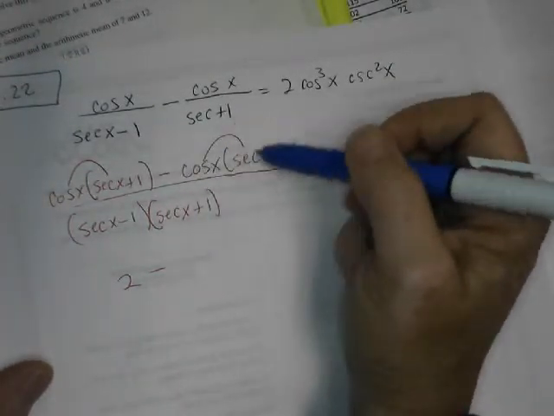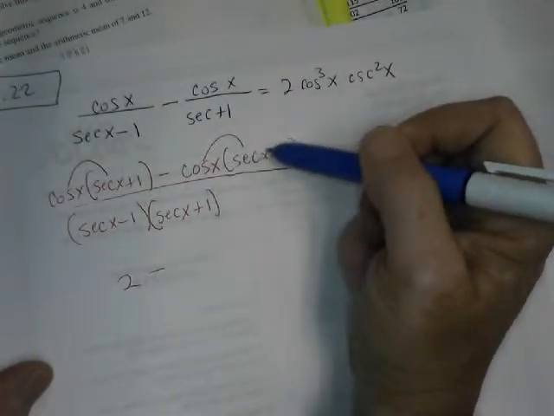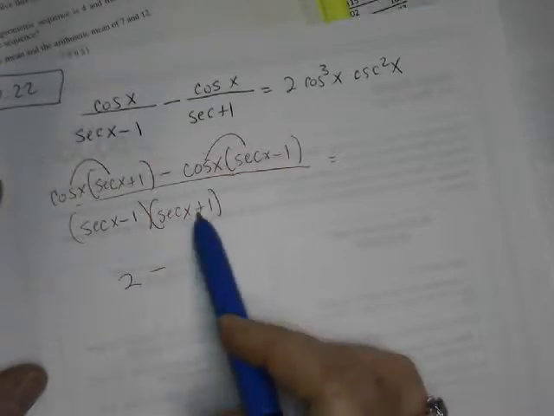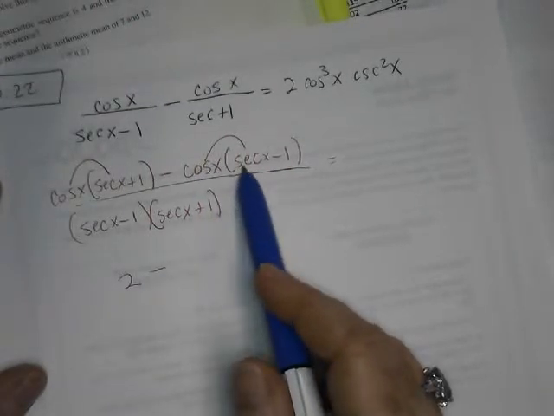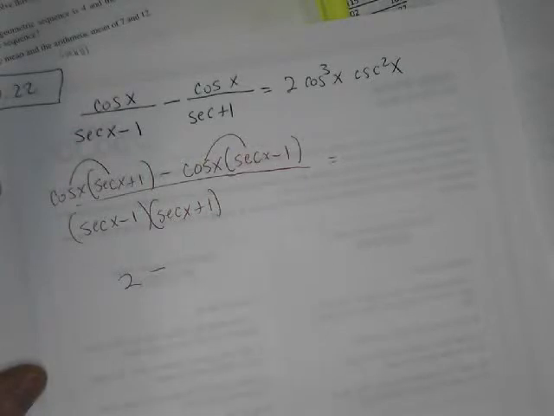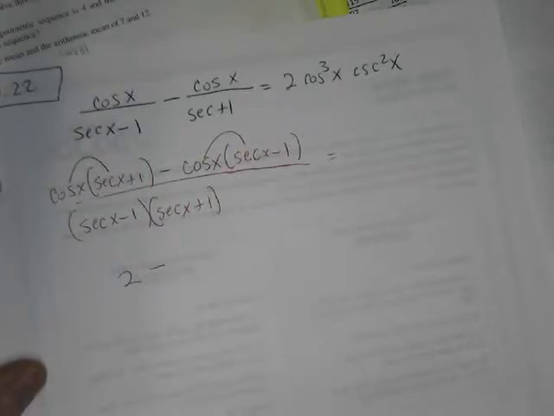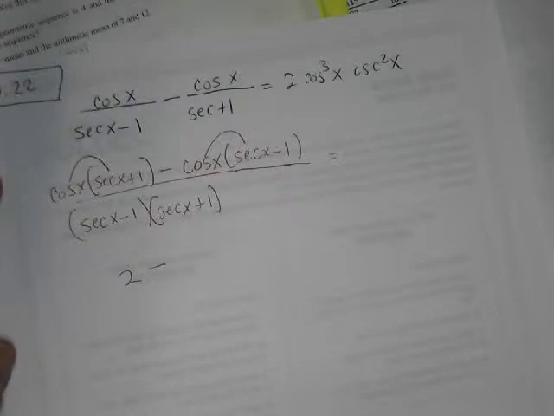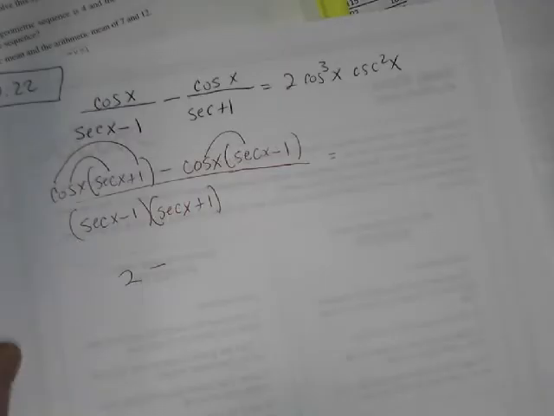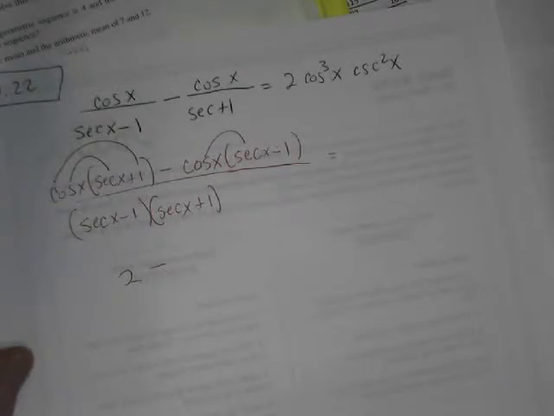This will be minus 1 plus 1. Does this just turn out to be a 2 up here for you? 2 cosine x. Because you have a negative cosine x times the negative 1, and that'll end up being... Oh, yeah. Okay.